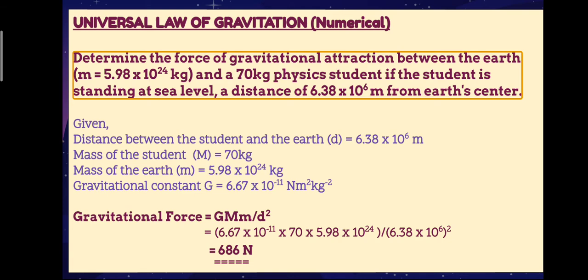So if the force of attraction is asked between any two objects, then the universal law of gravitation is applicable, and the equation for this gravitational force is G into M m divided by d square, where G is the gravitational constant and the capital M and small m are the masses of the two objects under consideration, and d is the distance from the center of the two objects.